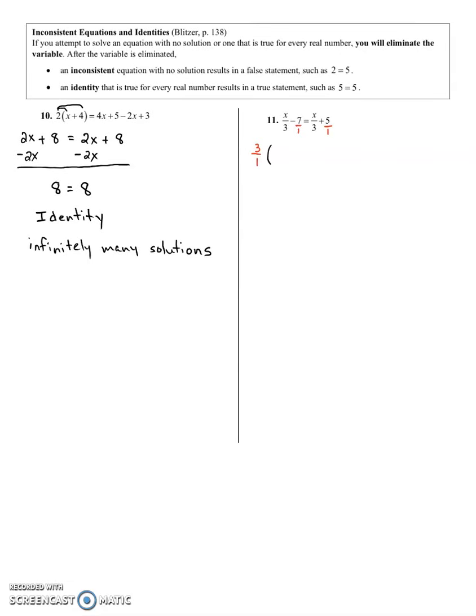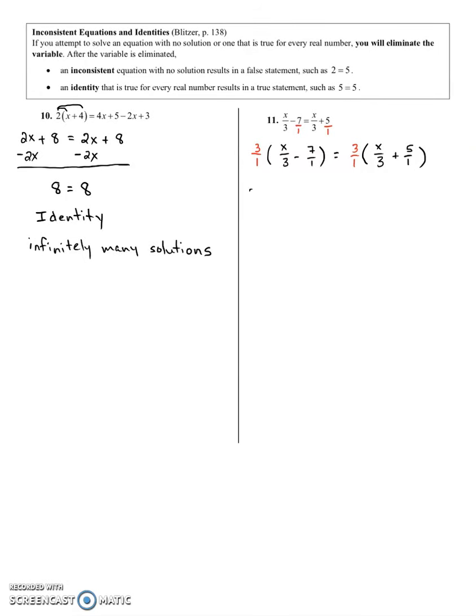So we have 3 over 1 times x over 3 minus 7 over 1, and that equals 3 over 1 times the whole right side of the equation, which is x over 3 plus 5 over 1. Now we have to distribute.